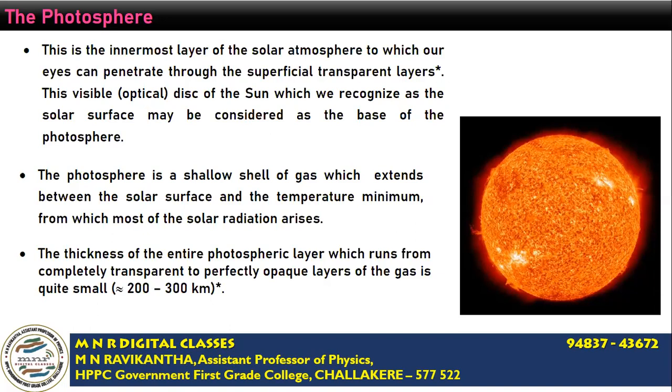The central part of the sun's disk appears to be brighter and hotter, while the edges appear to be cooler and deeper. This limb darkening effect clearly explains why the temperature of the photosphere decreases with depth towards the chromosphere.